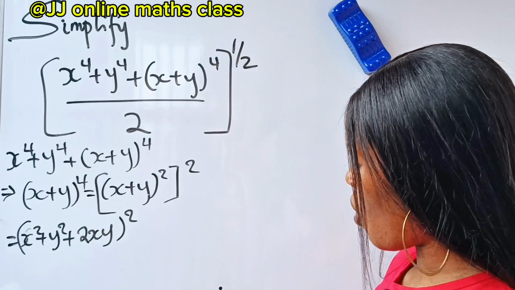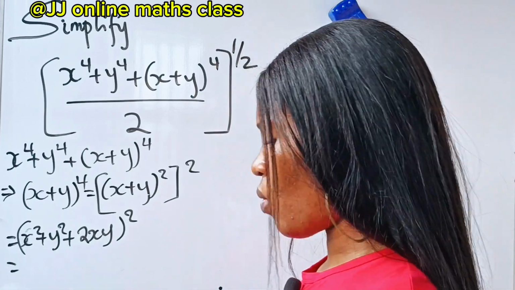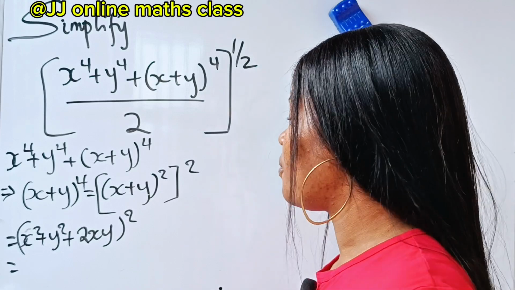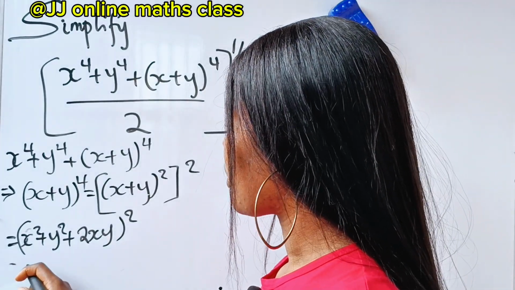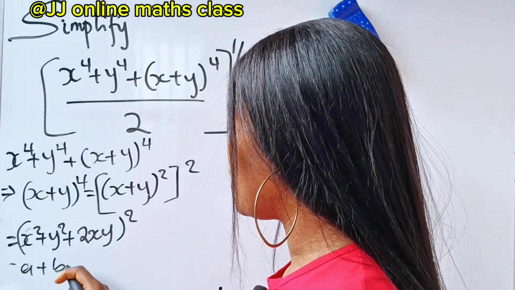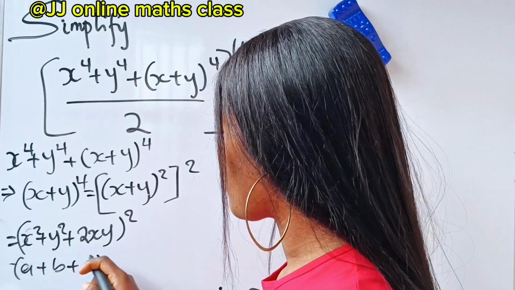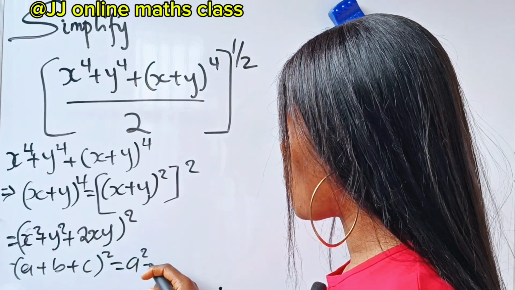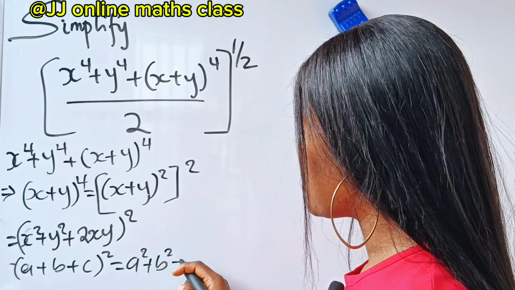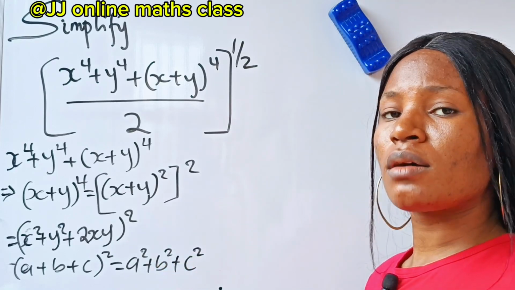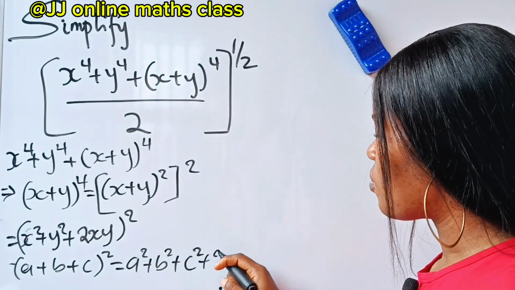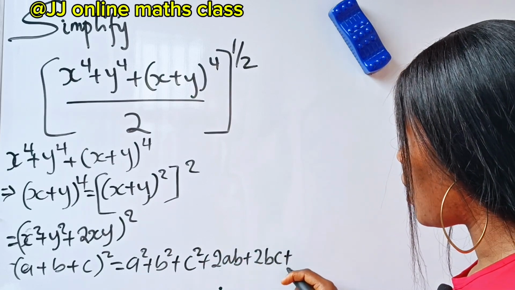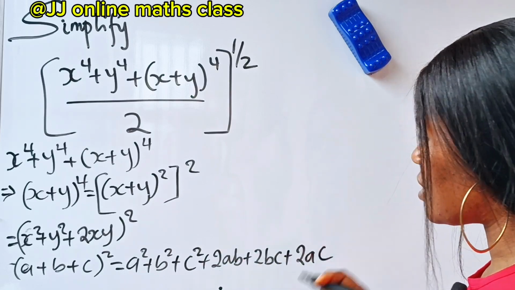Okay? All right. Now, there is another algebraic identity that states that (a plus b plus c) squared is the same thing as a squared plus b squared plus c squared plus 2ab plus 2bc plus 2ac.